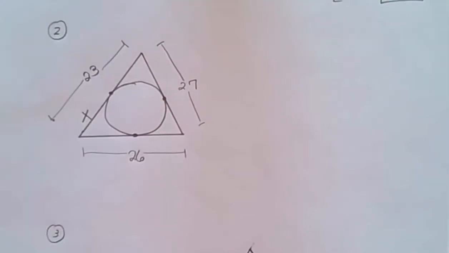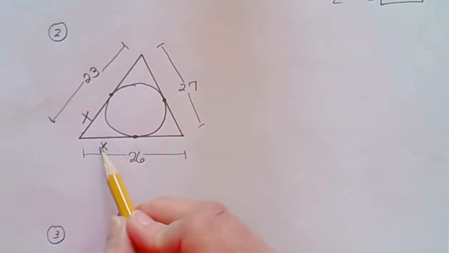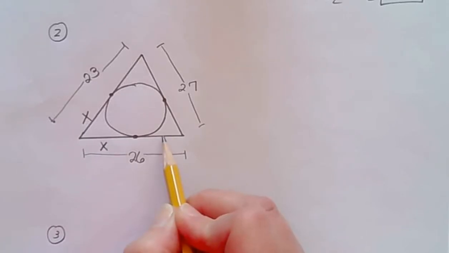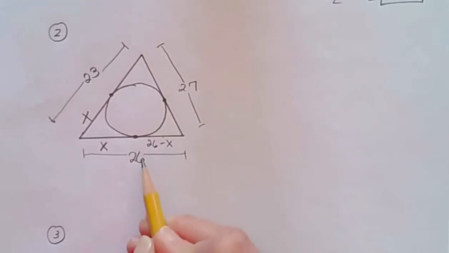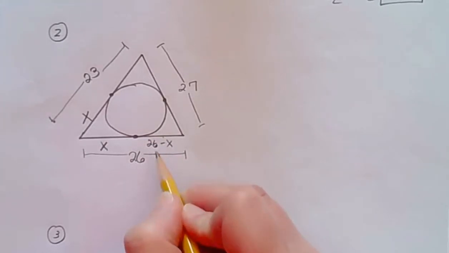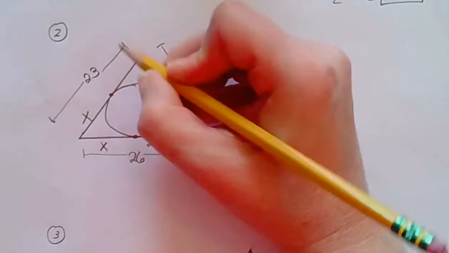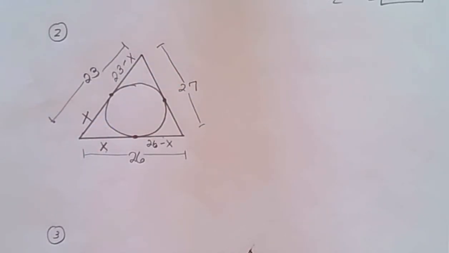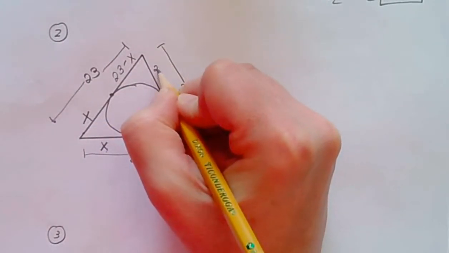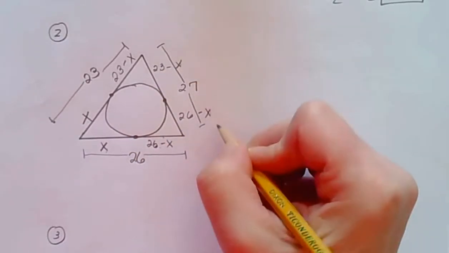So, if this is x, then this is x. If that piece is x, then this is the rest of whatever is left over after you subtract it from 26. It's the same every single time. It's the number minus what this piece is. The number 23 minus what x is. So over here, this piece is 23 minus x. This piece is 26 minus x.